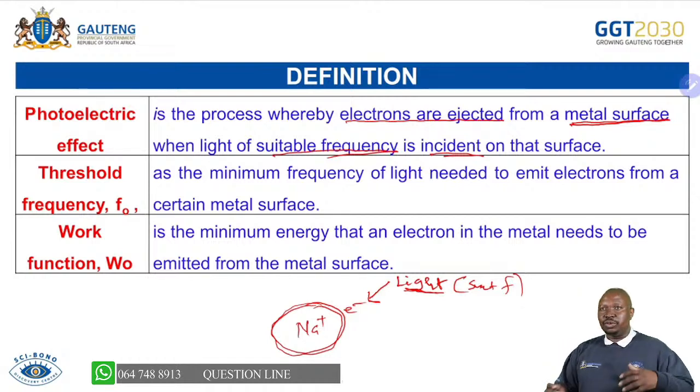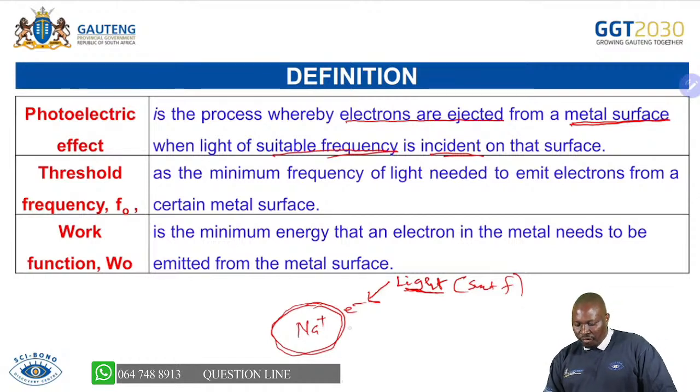So we start from the end when we define it: it is the removal of electrons when light of suitable frequency is shone onto the metal surface. So please remember what the photoelectric effect is.